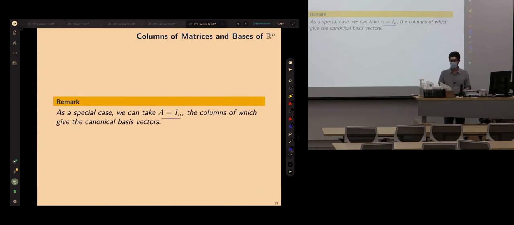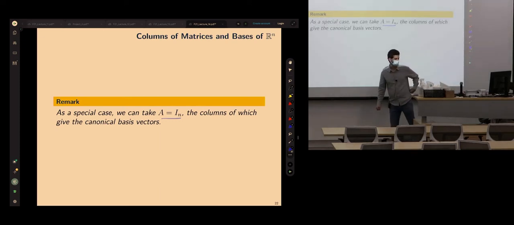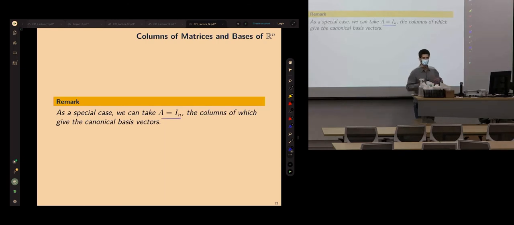Then we know that the columns of A are your familiar canonical basis. So everything goes back to matrices again. Those bases and vectors form a matrix, and you can think about it as a transformation, basically. And when you multiply your matrix by a vector, you are essentially writing linear combinations of the columns of your matrix in coordinates.